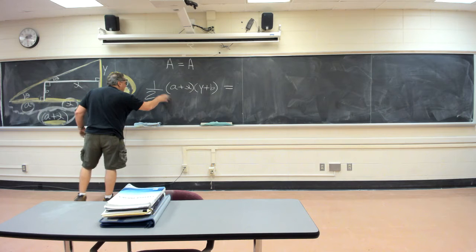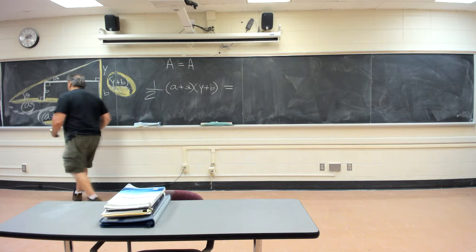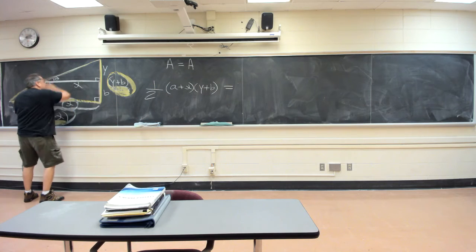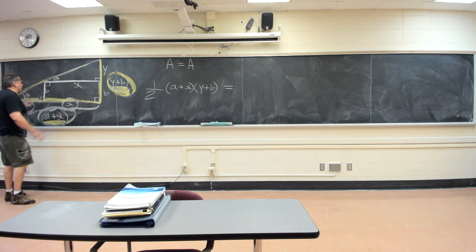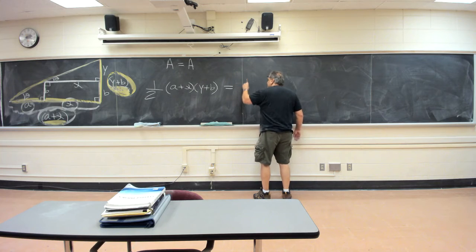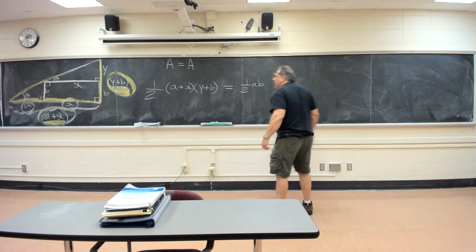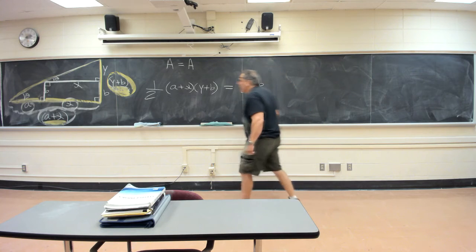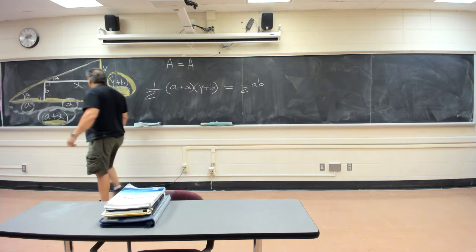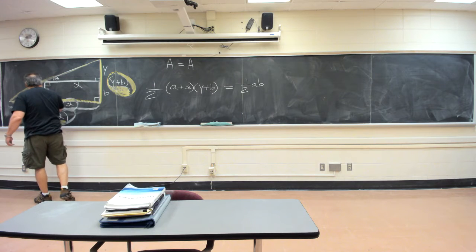Hard to look at, but there it is. 1/2 base times height is the area of the big triangle, and that area is the sum of the areas, this area and that area. This one is 1/2 AB.